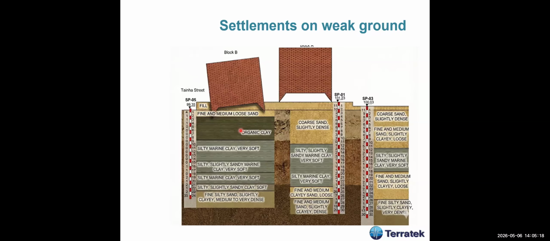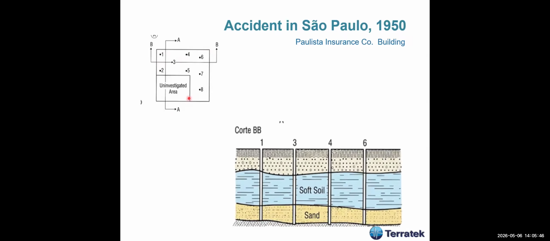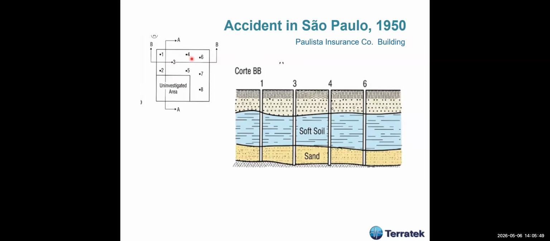I've seen this building. And this is something that occurred when I was 1 year old, an accident in São Paulo, and this was very well published in Geotechnique in the UK. This was a big project by Franki Pile, which of course was a big piling company. This is the building, and they investigated this section BB across the borehole.